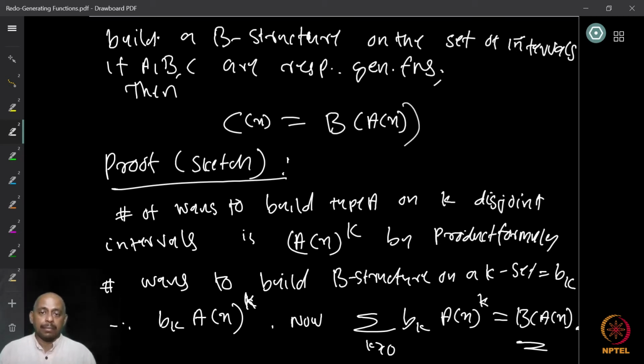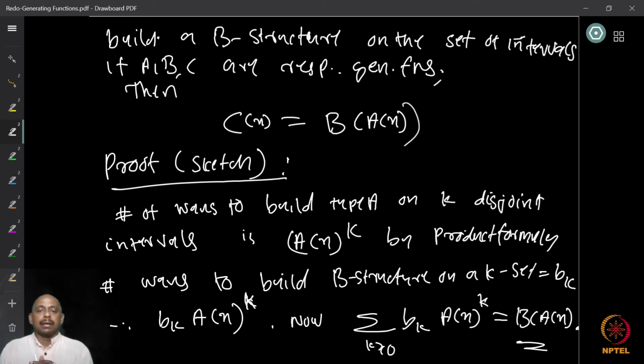I mean, type A structure on k disjoint intervals, right, is the product, for each interval we want to take the product.